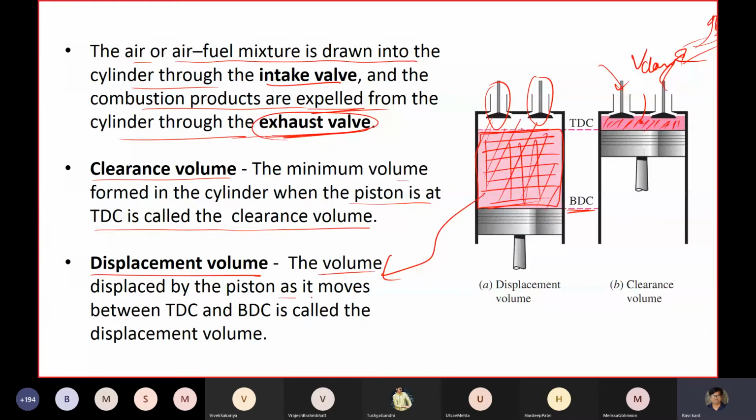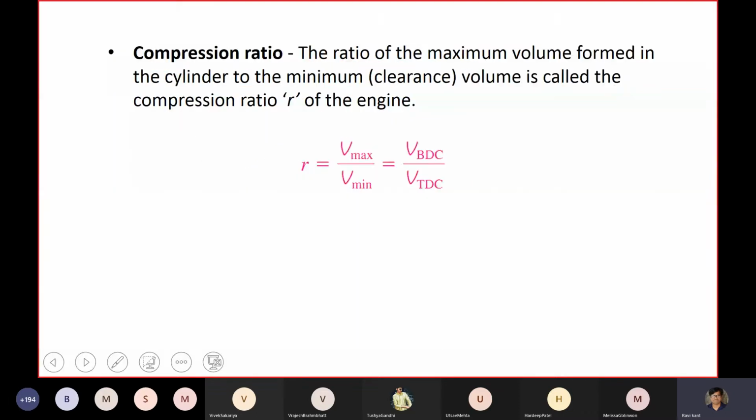The volume displaced by the piston as it moves between TDC and BDC is called displacement volume. You just don't have to mug this thing.